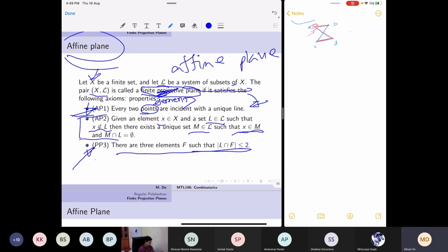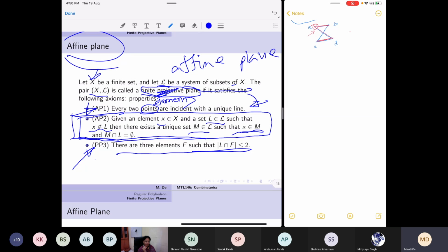So this is a somewhat interesting property. M and L intersection is empty, so M and L are parallel lines.